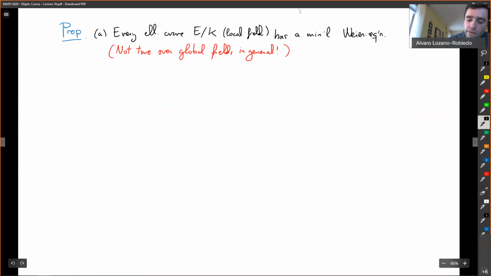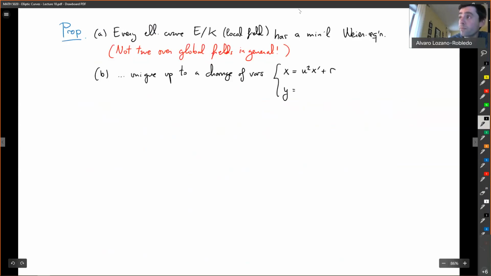Okay, B. The minimal equation is unique up to a change of variables of the form like I wrote before, x = u²x' + s, except that if you want to go from minimal to minimal, now you can only change with a u that is a unit.